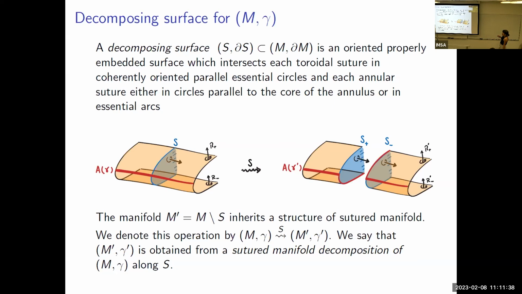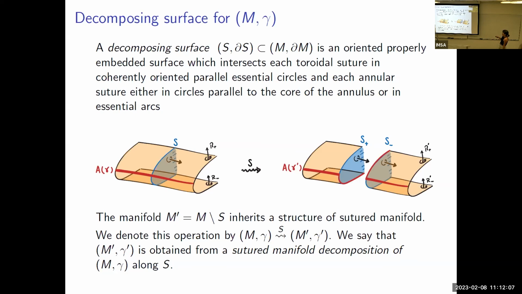Once we have a decomposing surface, we can remove a regular neighborhood of the surface, chopping the manifold M along S, and the obtained manifold inherits a suture structure.